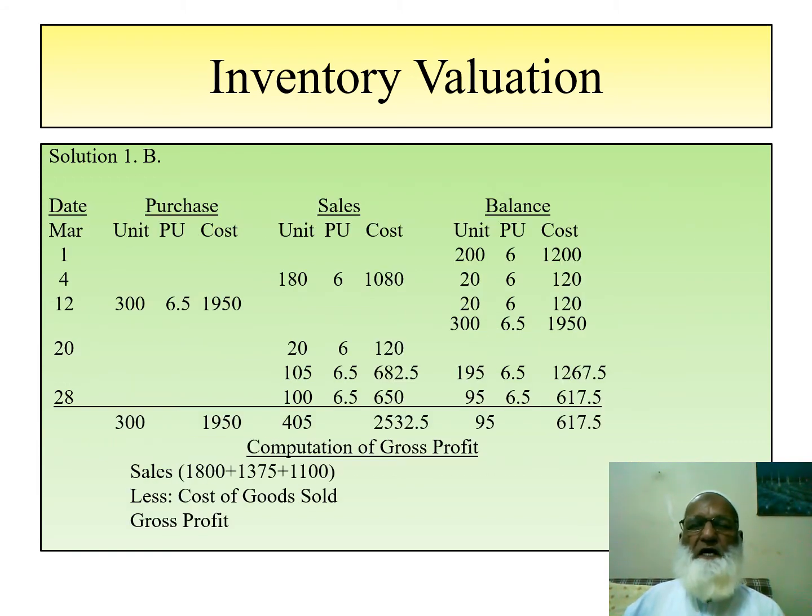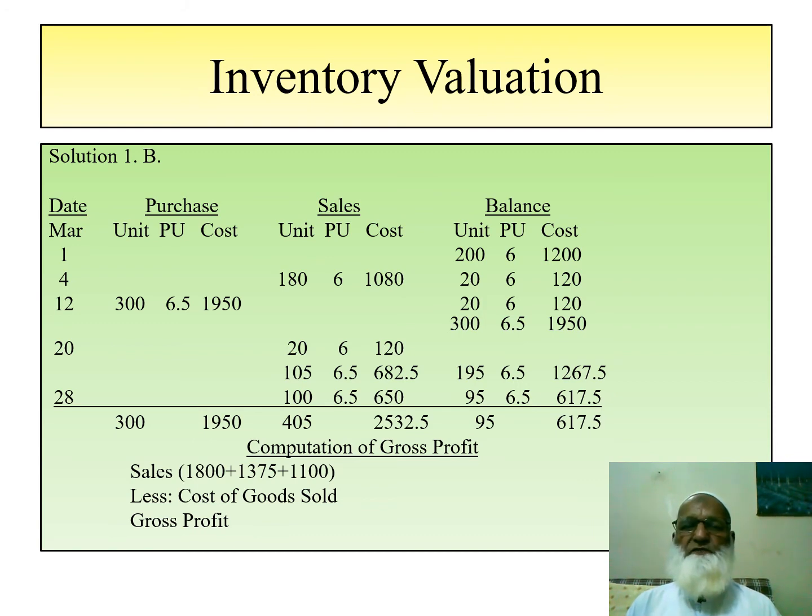Now this is the card of the product, that is FIFO. You see that on 1st March we had 200 units as balance, the price is 6, and the total cost is 1200. Out of these 200 units we sold 180.